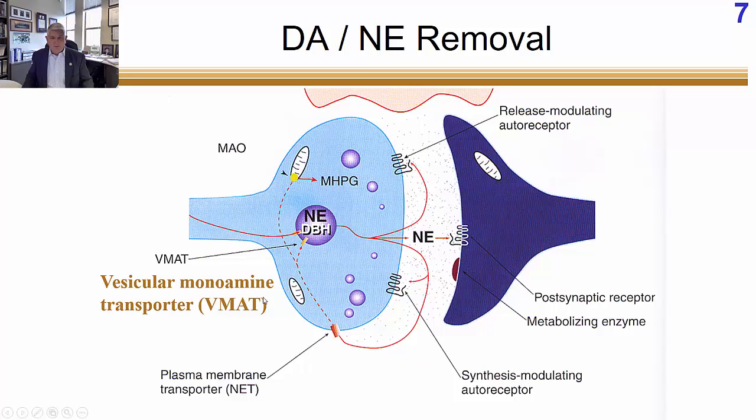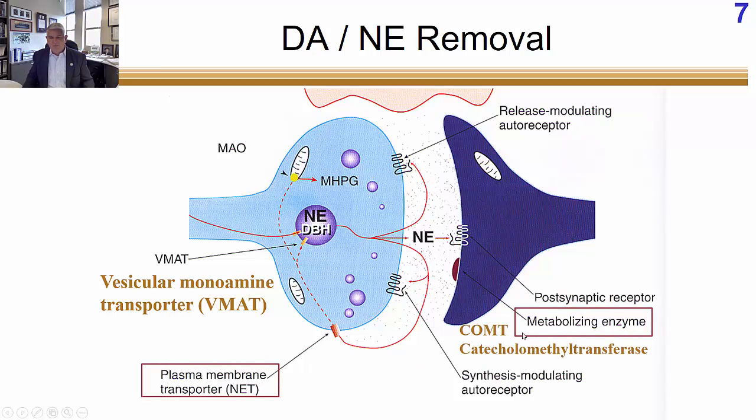So VMAT is a particular transporter, and NET is another transporter that you will see, and that metabolizing enzyme is called COMT, catecholamine methyltransferase. And so those are the two primary ways that dopamine is removed from the synapse. These are also targets then for drug therapy if we want to increase dopamine, where we can block reuptake or block the enzymatic breakdown.